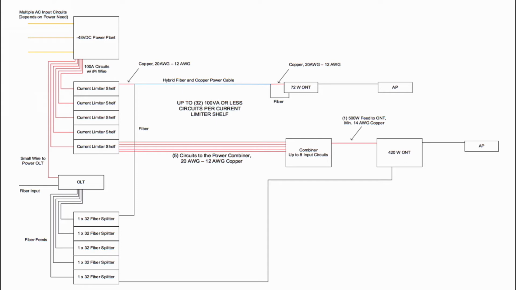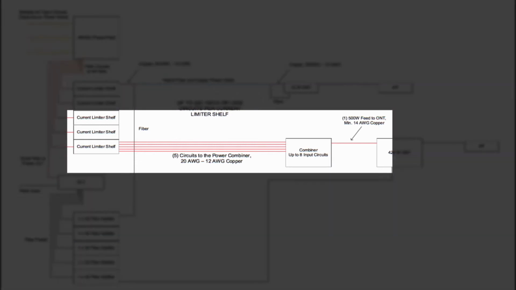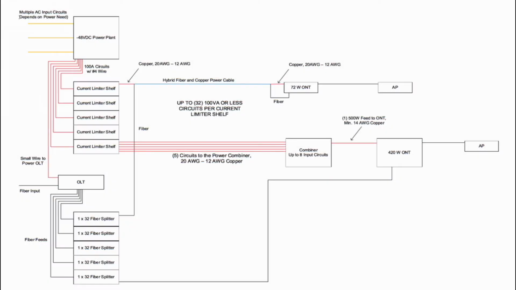In my design example, I'll assume we can power each ONT with a single 100-watt power feed. When a load requires more than 100 watts, it's possible to run parallel 100-watt Class 2 feeds to a power combiner. The output of this power combiner is no longer a Class 2 circuit.